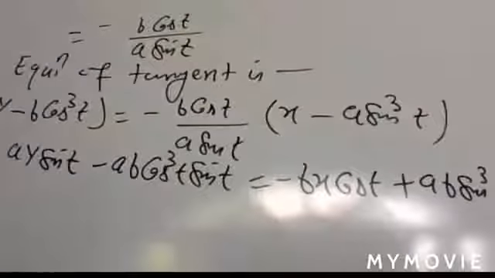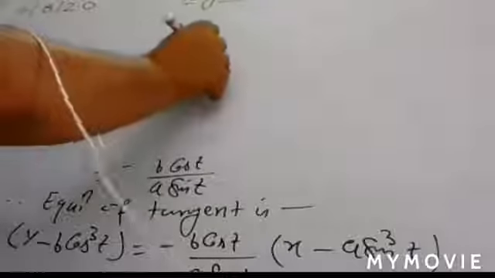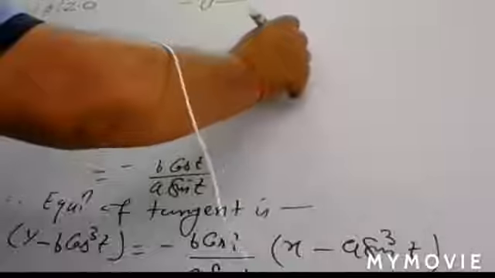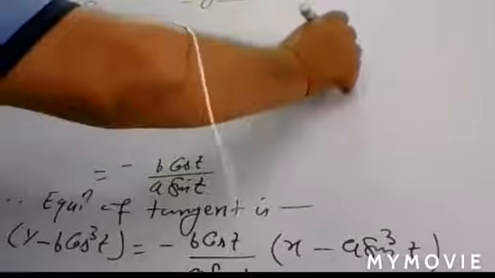So you have bx cos t and the terms of y, by sin t. Then you transfer all the constant terms to the right side, taking ab sin t cos t common.